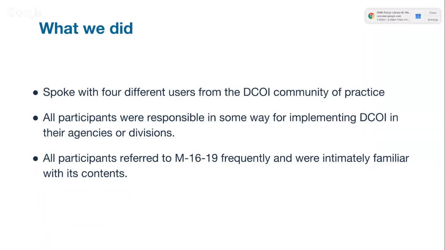All participants report to this particular policy document frequently, and they were pretty intimately familiar with its contents. We weren't really talking to brand new users. They all had a particular familiarity. They kind of knew what sections they wanted to go to. They were able to compare, like, oh, in the version that I'm used to looking at, it looks a little different. So that's interesting to note about their level of familiarity.